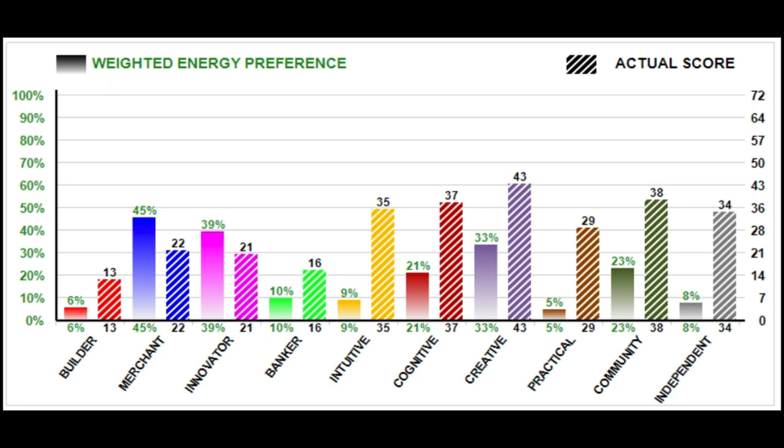Now, looking at the 2 less dominant core values types, we see that this person selected 16 items associated with the banker and 13 words for the builder. What may surprise you a bit when you look at the solid bars is that this person's banker qualities make up only about 10% of their personality and the builder about 6%.